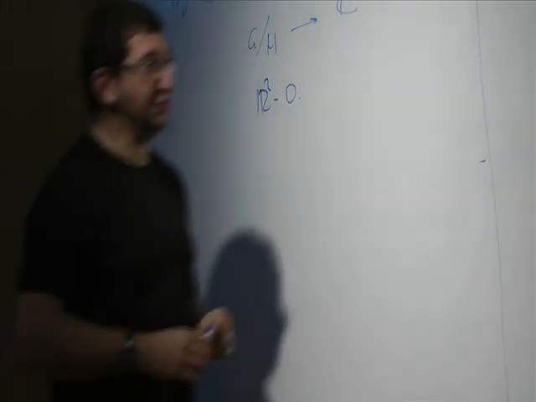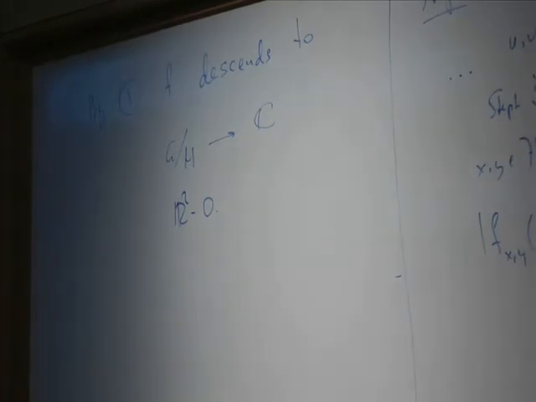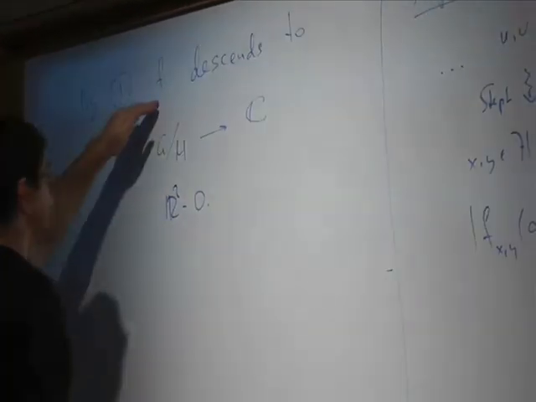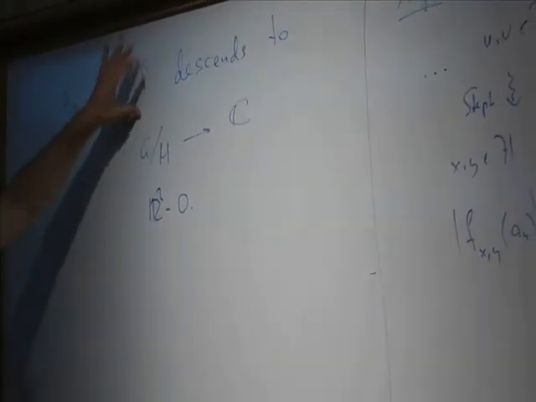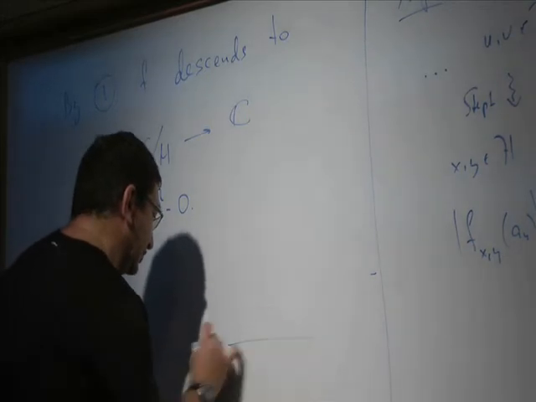Now I should have pointed out that because our representations are continuous, the matrix coefficients are all continuous functions. I should have said that. So this was a continuous function on G, and it descends to a continuous function on R2 without the origin. So here is R2 without the origin.